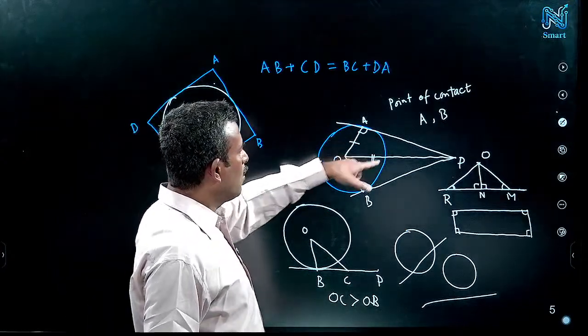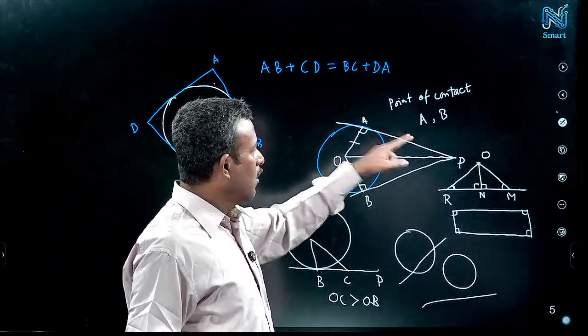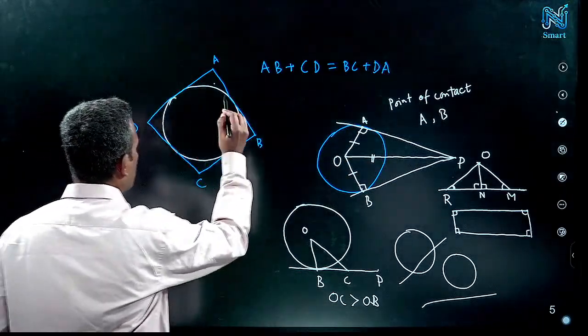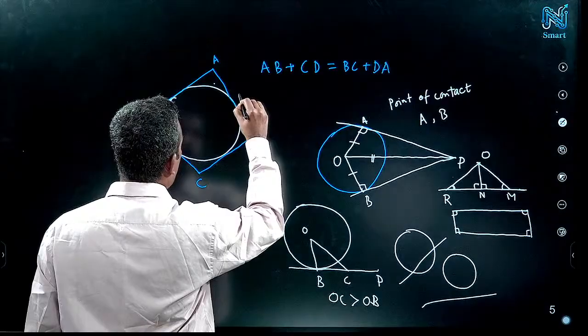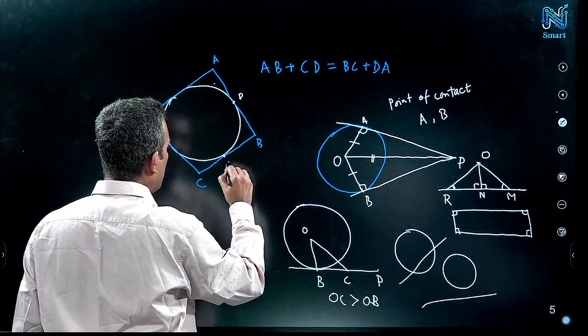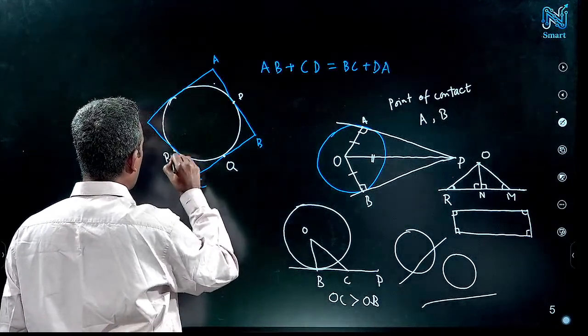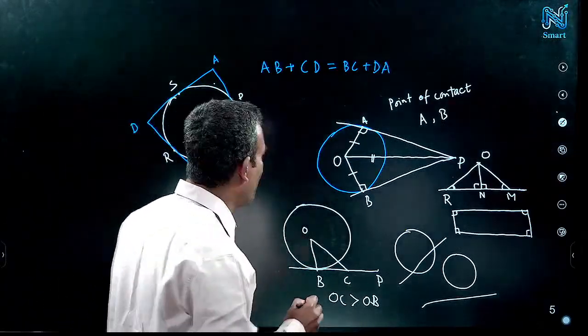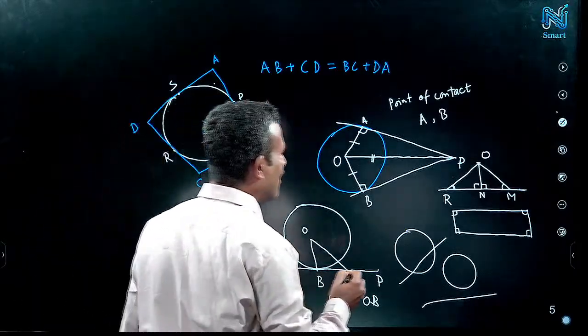Okay, so these two are congruent, that means PA is equal to PB. Now come here. Take this point of contact P, Q, R, and another point of contact S. So what do we get from here?